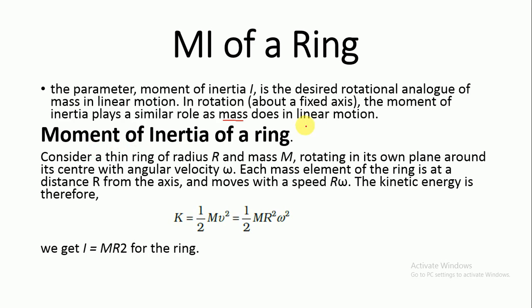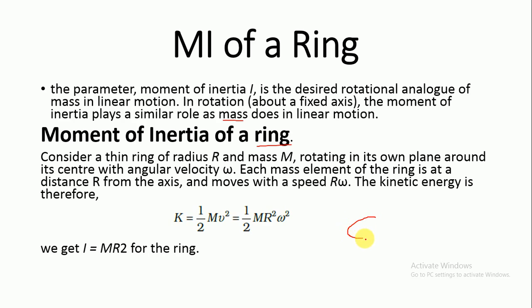Now, if you want to find out the moment of inertia of a ring, let us try to find it out. Consider a thin ring of radius r and of mass capital M, rotating in its own plane around its center with angular velocity omega.